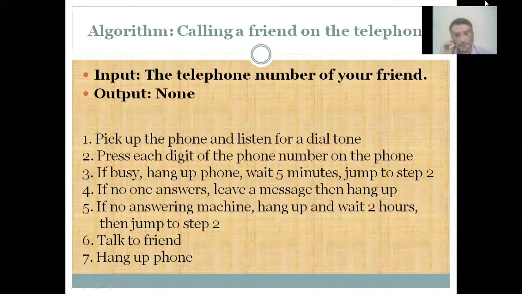If the phone doesn't have an answering machine, so you can't record your message, then just hang up, wait for some time, maybe 1 hour or so, and again start the calling process. So again move to step number 2.